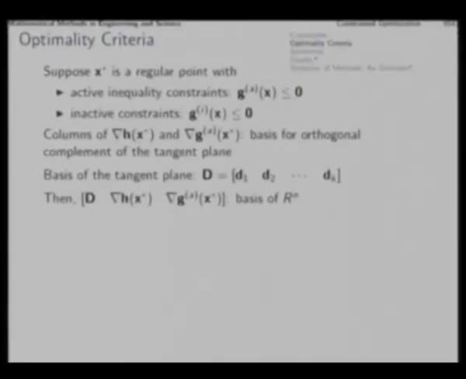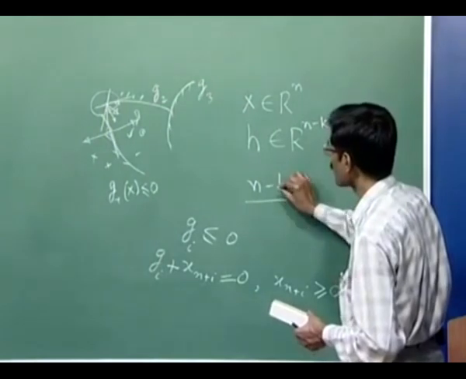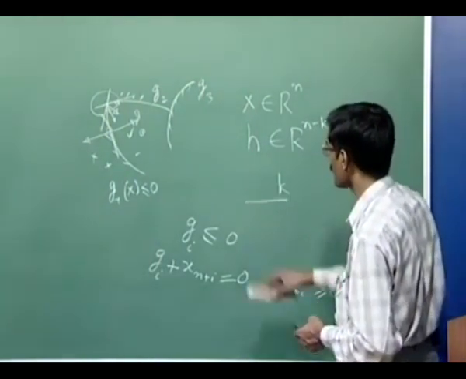For the tangent plane also we can work out a basis. Suppose that basis is D, having these many vectors. In this case, we described n minus k as the dimension of the tangent plane, but in this notation the number of constraints is n minus k and the dimension of the tangent plane is k.